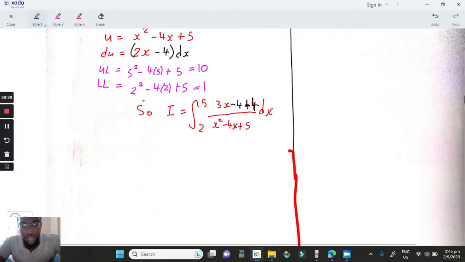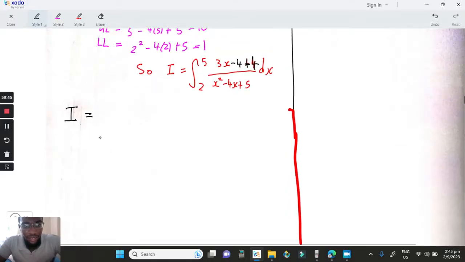with the substitution. So I is equal to, separating it, the integral from 2 to 5 of 3x, and I'm changing 3x to 2x minus 4, over x squared minus 4x plus 5 dx. Don't worry, guys, you're going to see what I did here.